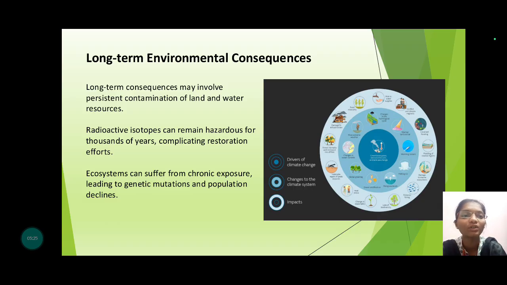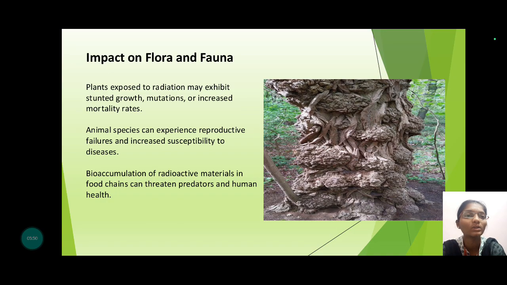Ecosystems can suffer from chronic exposure, leading to genetic mutations and population declines. In beside picture, we can observe the blue dots as drivers of climate change, changes to the climate system, and the impacts on long term environmental consequences.